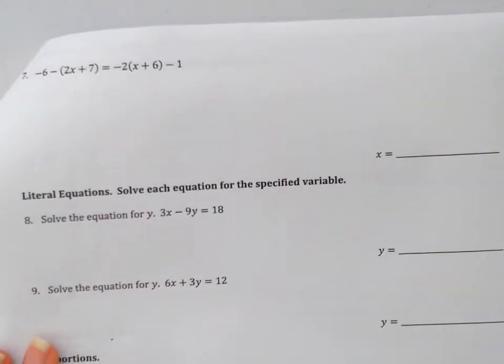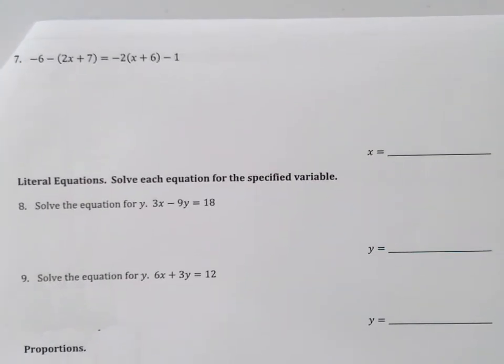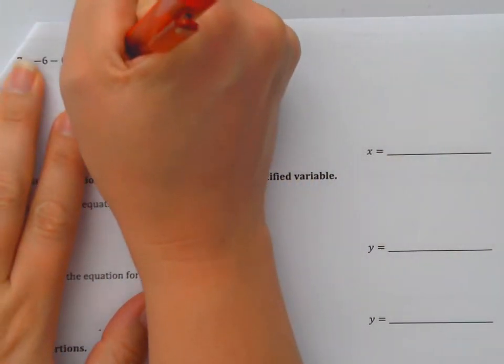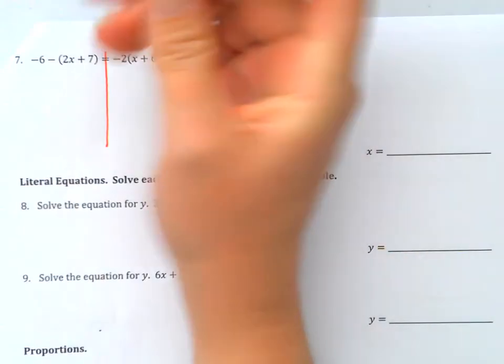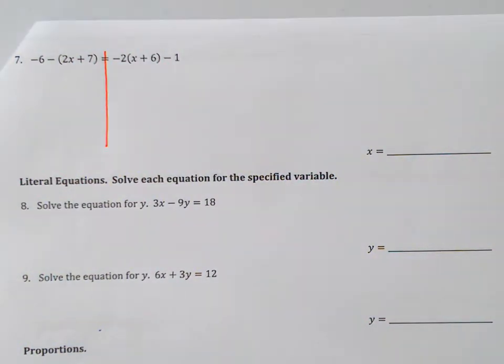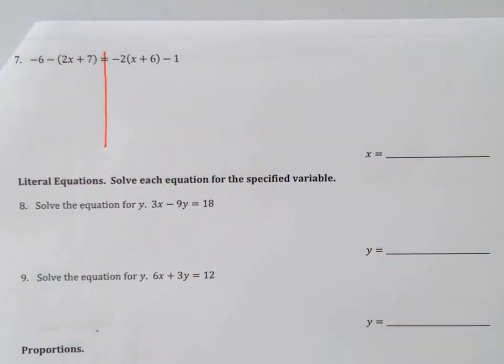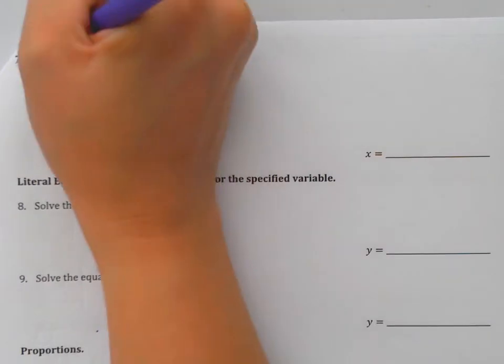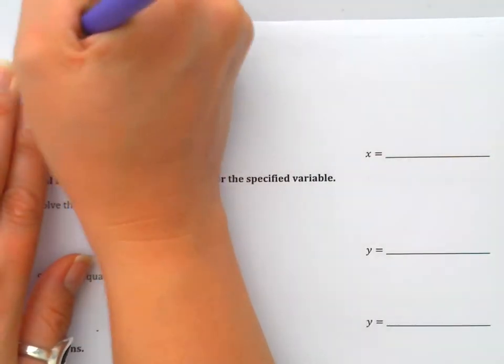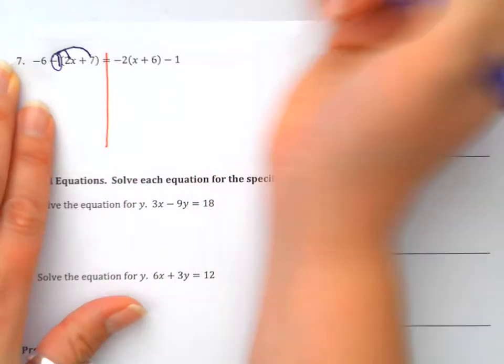Last solving equations here. So I'm going to put my equal sign down the center. I am going to start by distributing. So I have a minus on this side. So remember, that means I'm going to be distributing a negative 1 to 2x and 7.